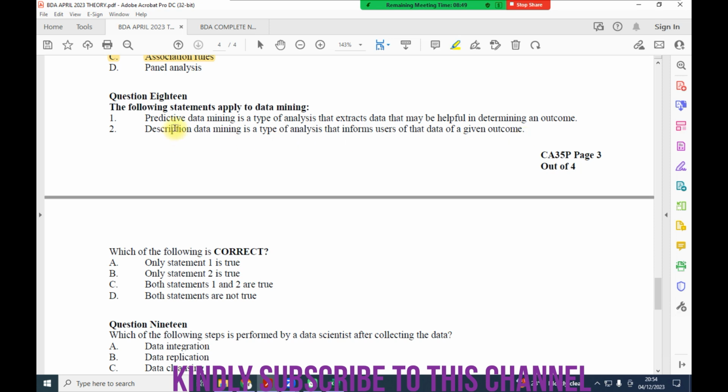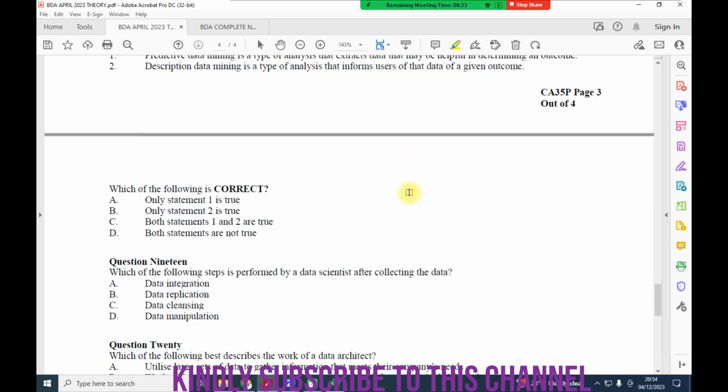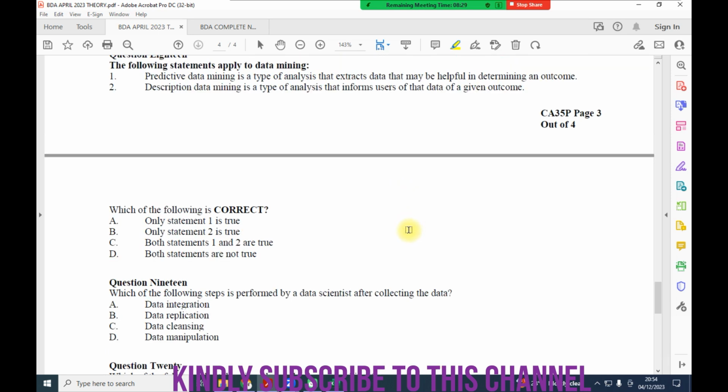So the question: which of the following is correct? Only statement 1, only statement 2, or both statements?